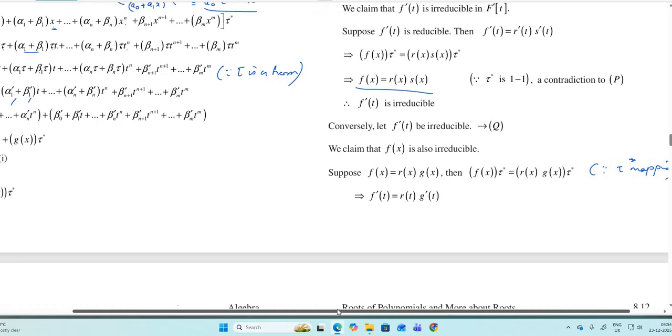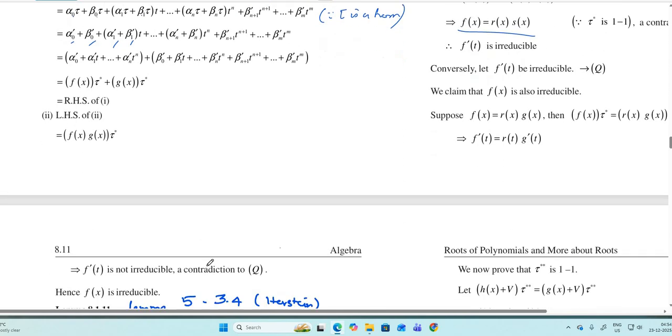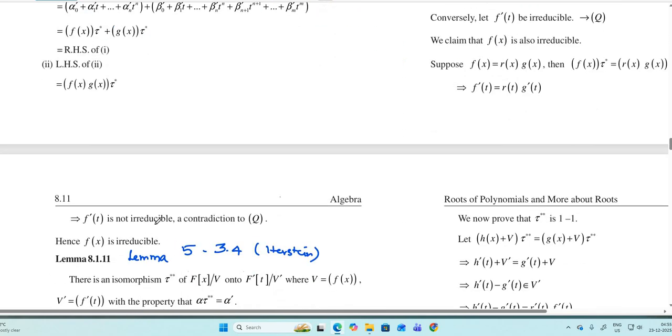But that would say that f prime of t is not irreducible, that it is reducible. That is a contradiction to statement P, which states that f prime of t is irreducible. So the behavior of polynomials in F[x] and F'[t] is the same, just because we have established a one-to-one onto homomorphism between them.